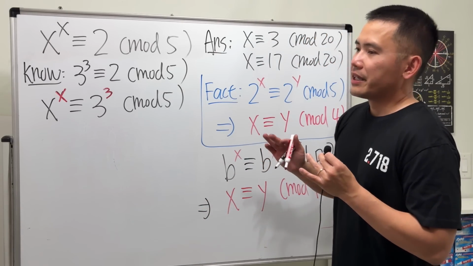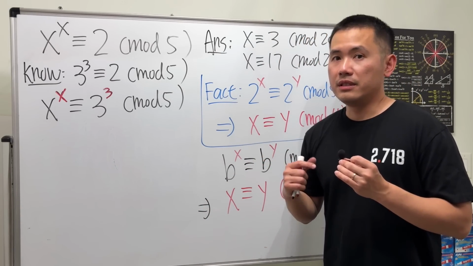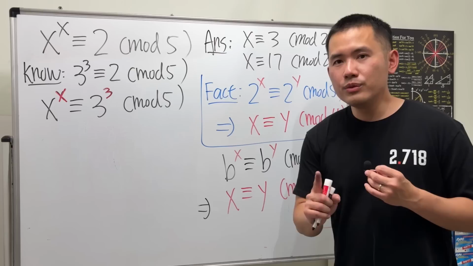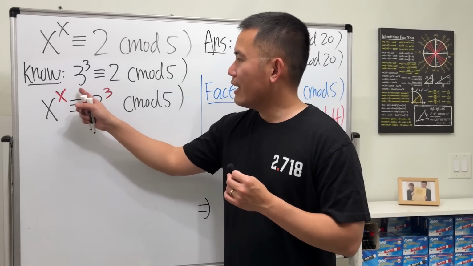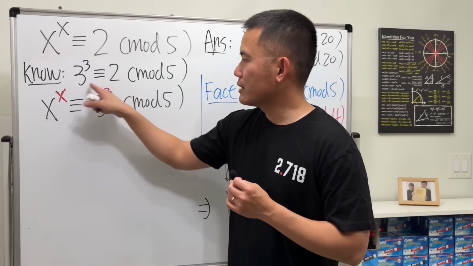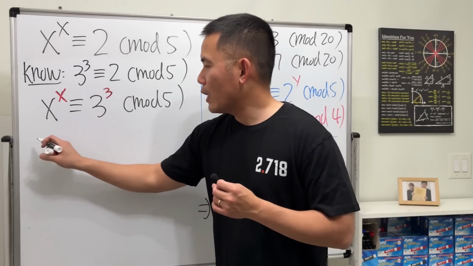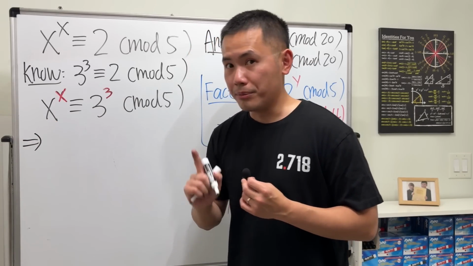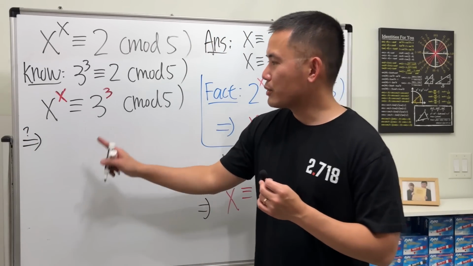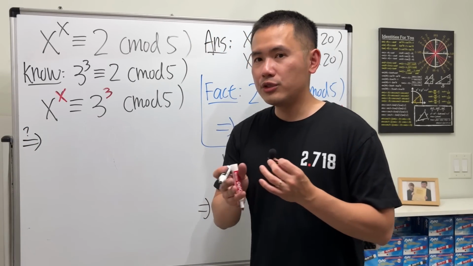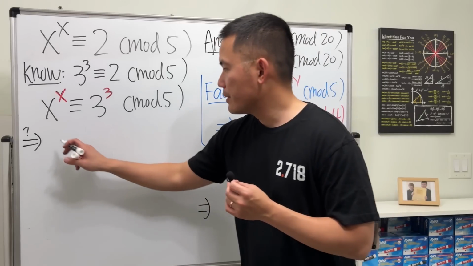Now, here is the part that I'm not sure if it's entirely true or not. So if you do know, please let me know in the comments down below. If you have the exponent, I just ignore it. This should imply, as I said, I'm not entirely sure, that I can just make the bases congruent to each other.